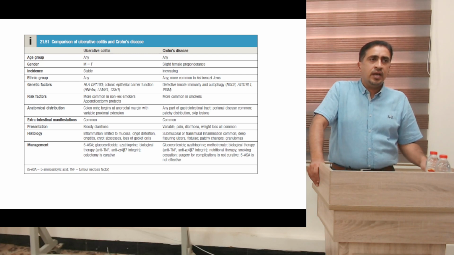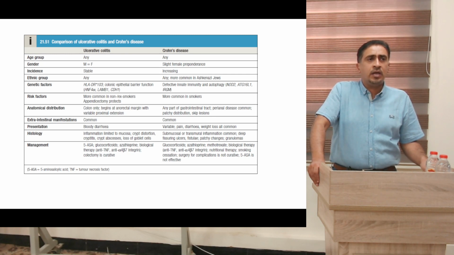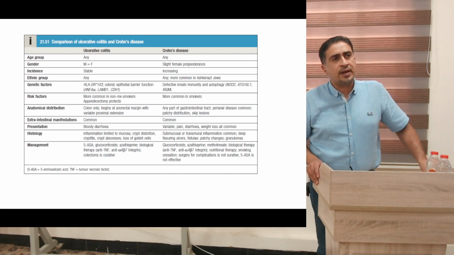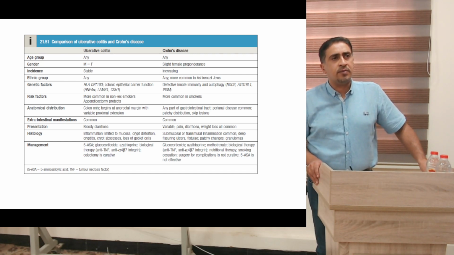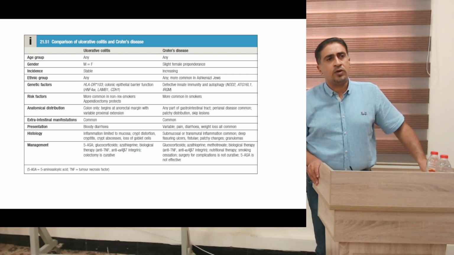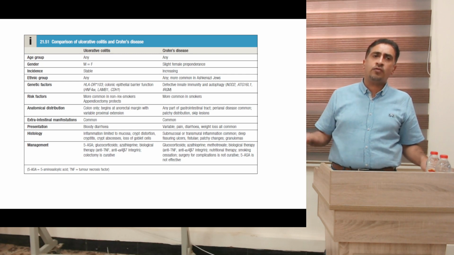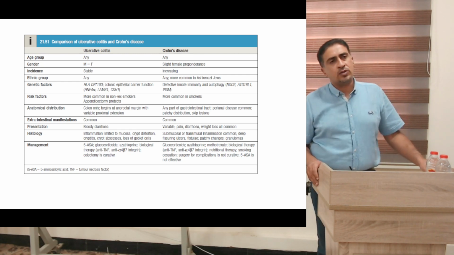Regarding the anatomical distribution, in ulcerative colitis, the colon is the main site, and the most common site of involvement is the rectum. So the anorectum is the most common involvement and where the disease starts, and as the disease progresses, it can involve the proximal part of the colon.